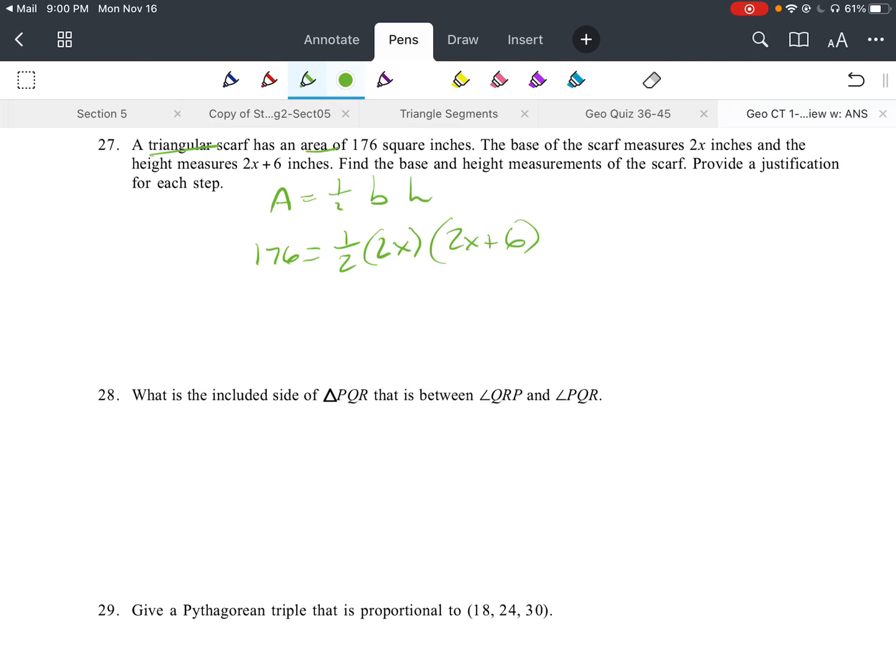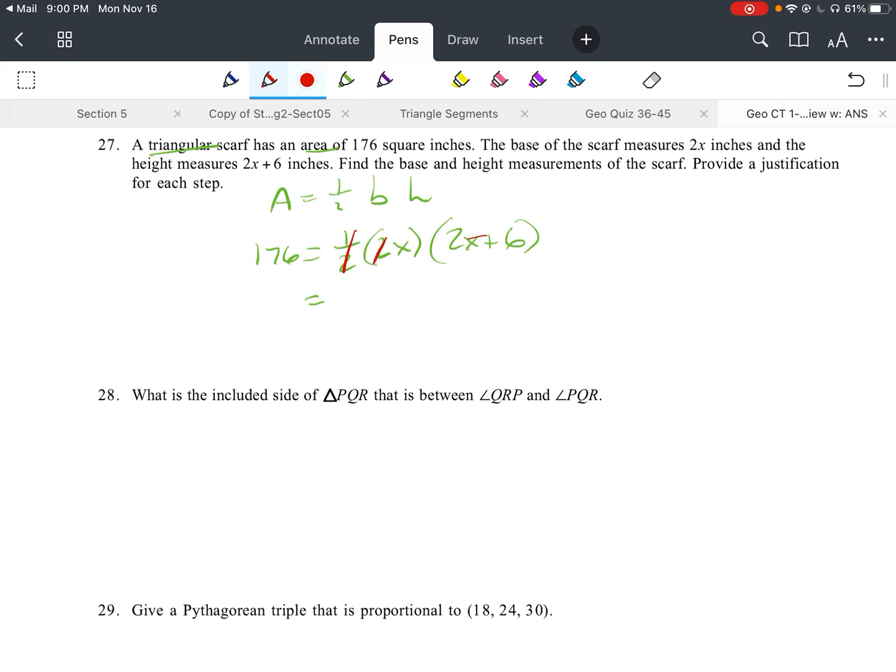I'm not going to write all the justification steps. I'm just going to do it and talk through it. So first things first, we had one like this on a quiz or a test or something. But anyway, 1/2 times 2, those cancel.